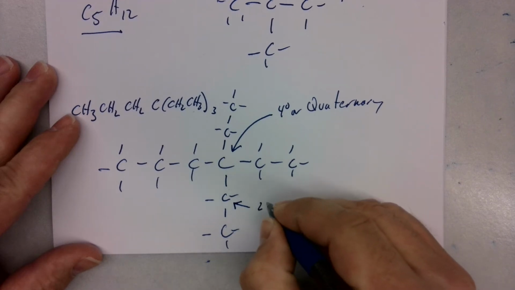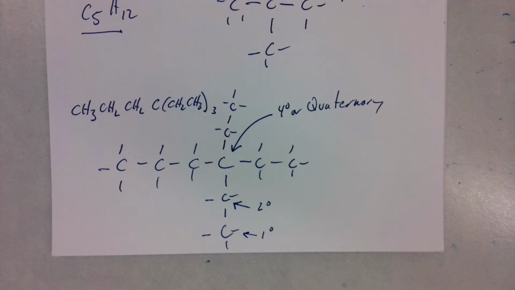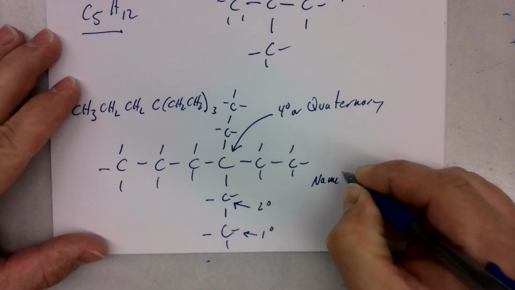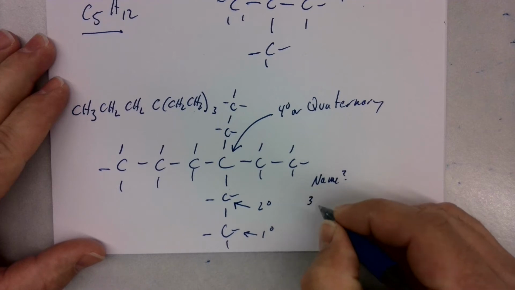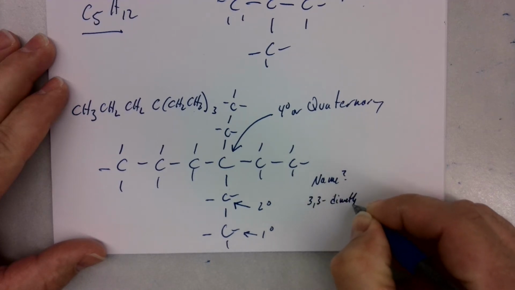Yeah, that's going to be a secondary, and then this one is going to be a primary. So it's only got 1 carbon-carbon bond, right? Now, let's say I wanted you to name that. What is its name? Anybody want to stab at that one? So 3,3 dash dimethyl.